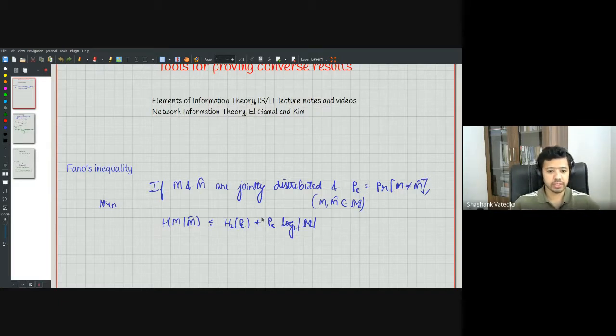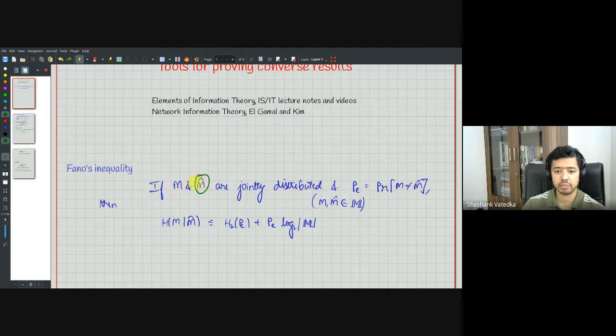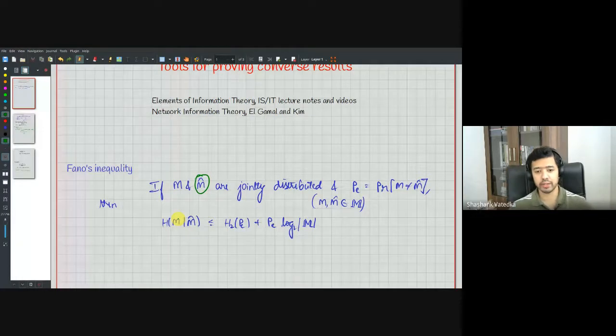The inequality says that if you have two random variables, so you have m, which is the random variable of interest. This is the quantity that you're interested in, and let us say that you have an estimate of the random variable using whatever mechanism. It doesn't matter how you get m hat.